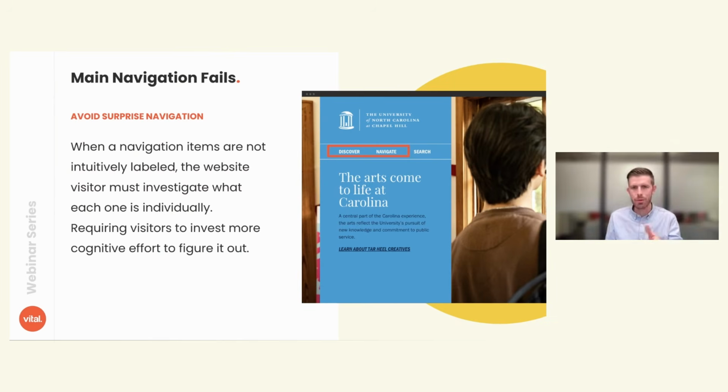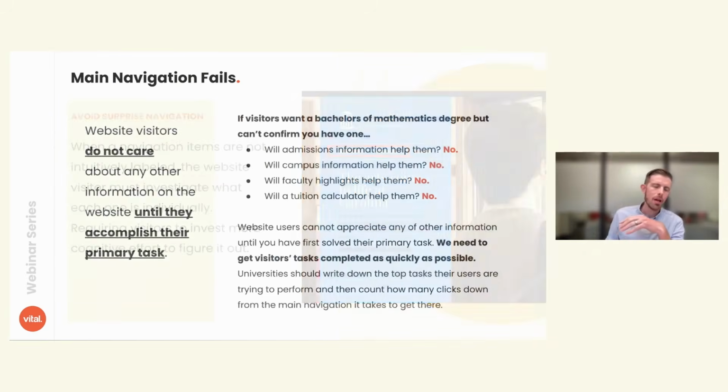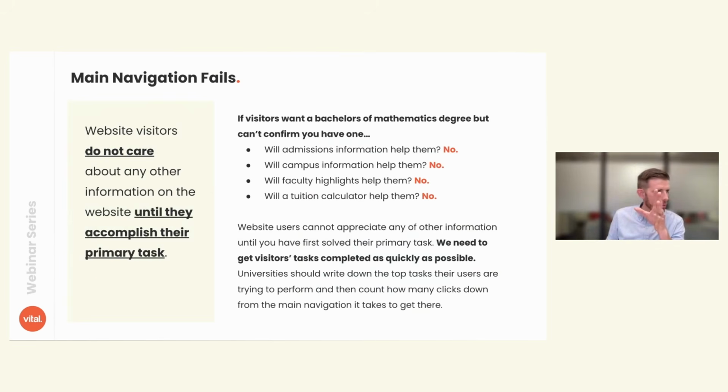We want to be very direct with folks. And here's why I want to really hammer this point home: people are task oriented when they're navigating a website. They're trying to accomplish their goal and their task. They are not able to appreciate all the other information on the site until they accomplish their primary task.